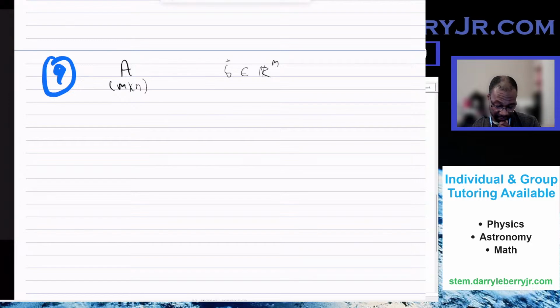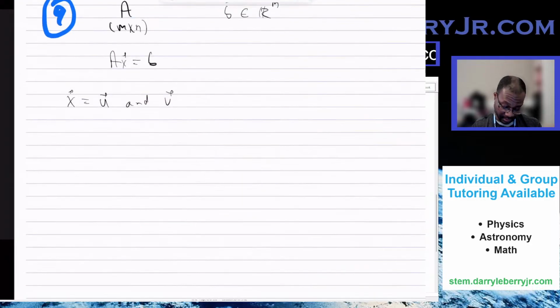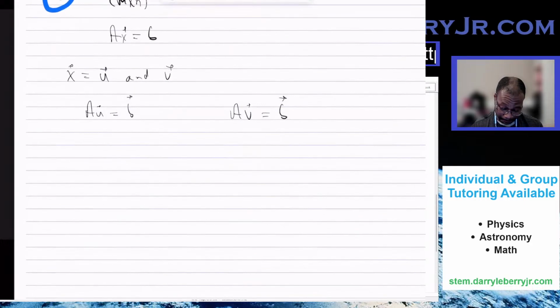So B has the same number of rows as A. Show that if U and V in Rn are both solutions to AX equals B, so X equals U and V are both solutions, then AU equals B and AV equals B, since they're both solutions to AX equals B.